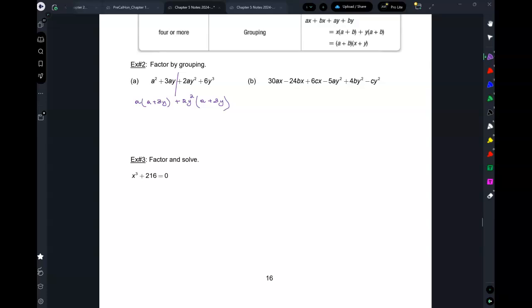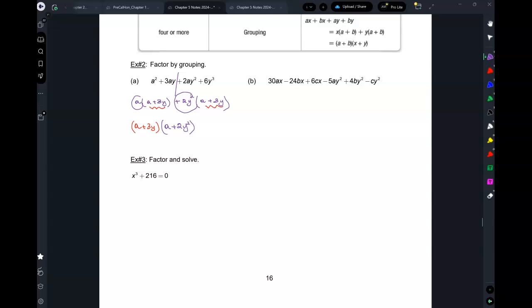If you do it correctly, or if it's possible to factor by grouping and you did it correctly, you're going to have a common term. So we're going to write that common term off to the side. And then whatever we haven't used, a plus 2y squared, that goes here. And boom, we factored. It just looks so nice now. Right. Okay.